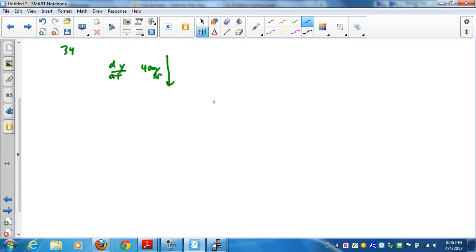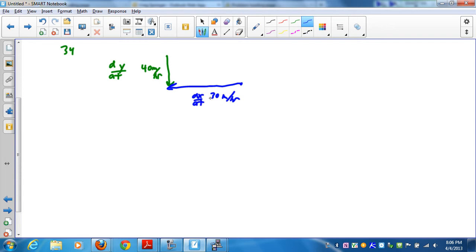So the other one starts off over here, let's say, and it's traveling this direction. And it's going at 30 miles an hour. So we'll call that in the x direction, so we'll call that dx dt.